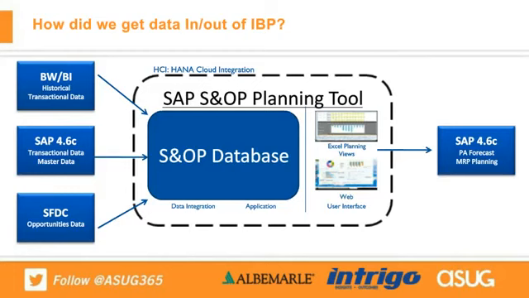So we put it into the IBP database in the cloud. We're totally cloud-based. And then our business users, our sales and business users use Excel to enter or look at data, update data, and we use the web UI for planners in our S&OP meetings. And then also we push back out to SAP when we're finished, once a month. Okay?